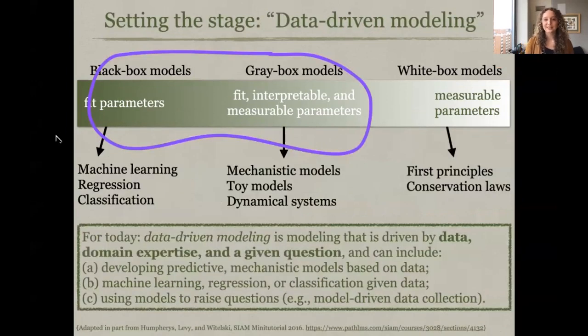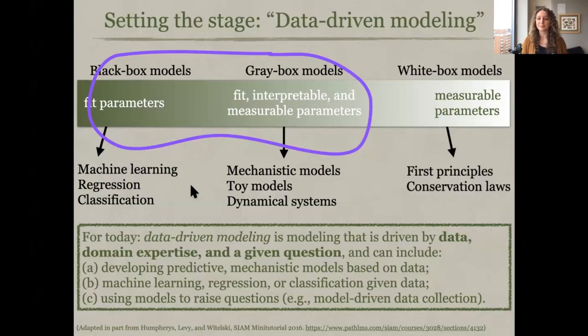For the purposes of today, so that we can put some delimiters on what we mean by data-driven modeling, I'm going to be pretty broad and say that both black box models and gray box models can fit into a data-driven modeling framework.